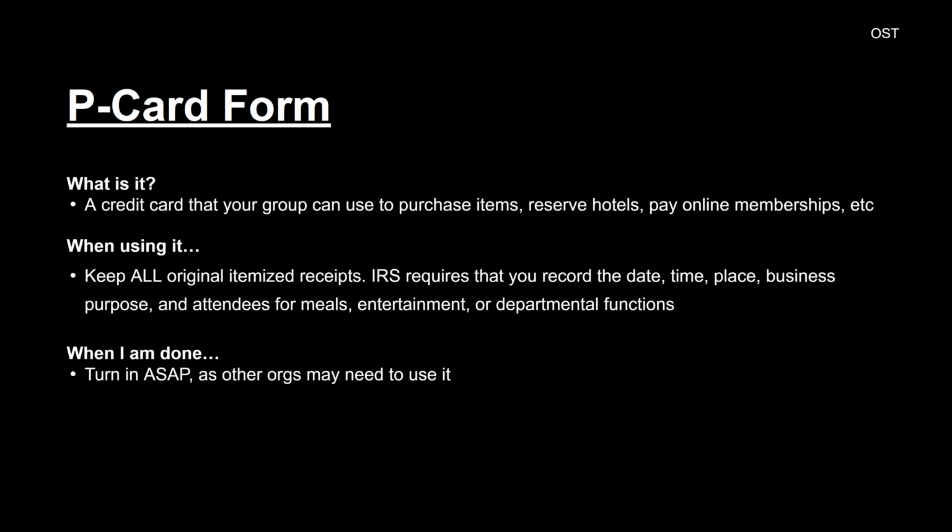And in order to use it, and also make sure that we're following IRS guidelines, you need to have all of the original itemized receipts. For example, for Amazon, which is where most student organizations are purchasing their items from, you don't want the page that they send you as the confirmation email.